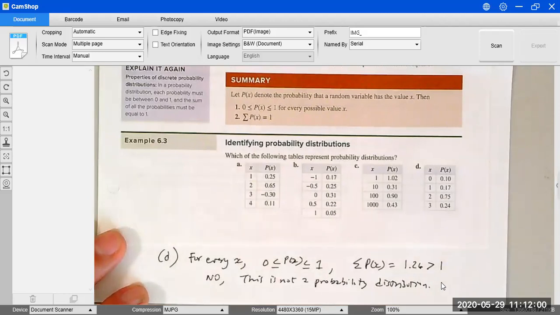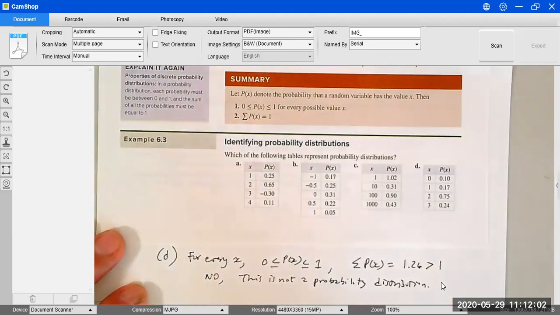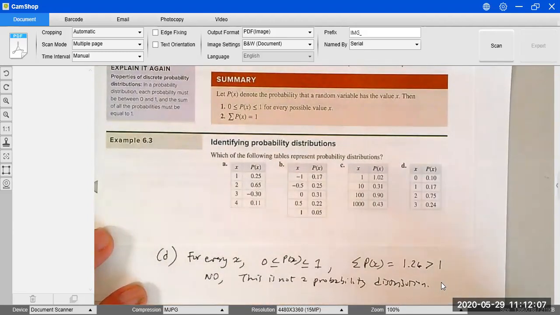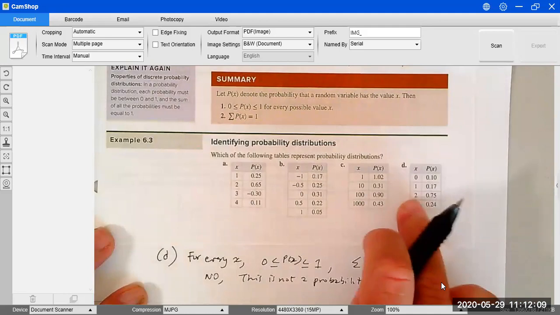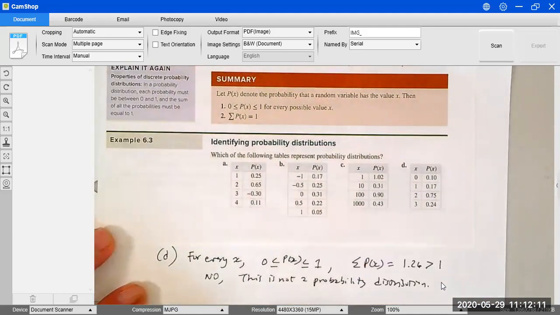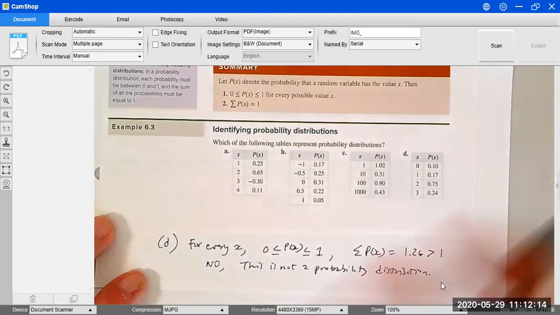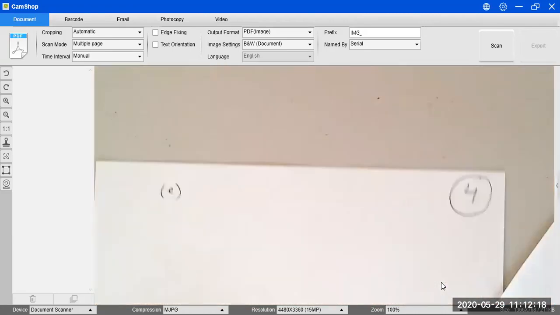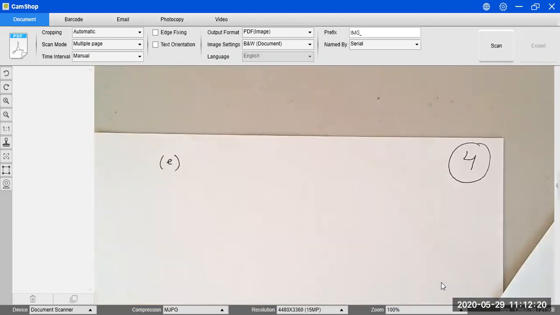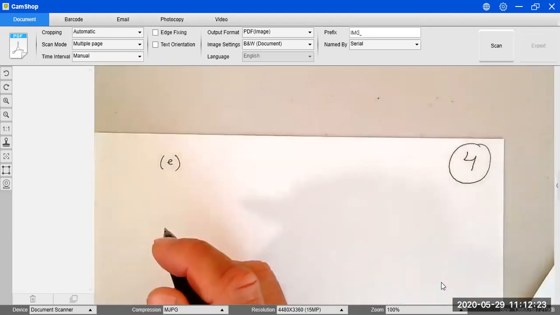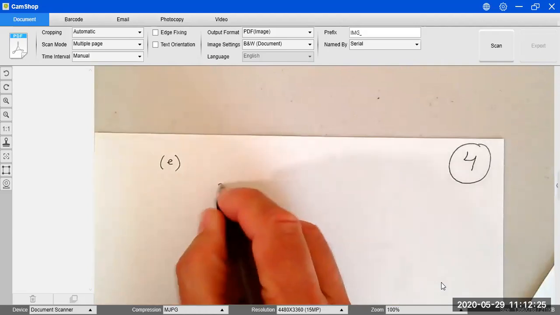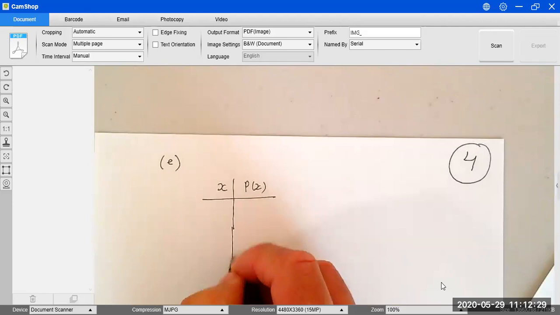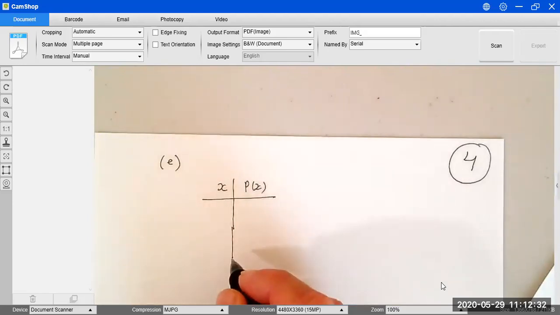Now I'm going to give you a very short assignment. It's going to take you a couple of minutes, and then we're going to continue with our work. I'm going to give you an extra table, our table E. I'm going to give you one more table with a frequency distribution or something that looks like that, and you're going to tell me whether that is a probability distribution or not.